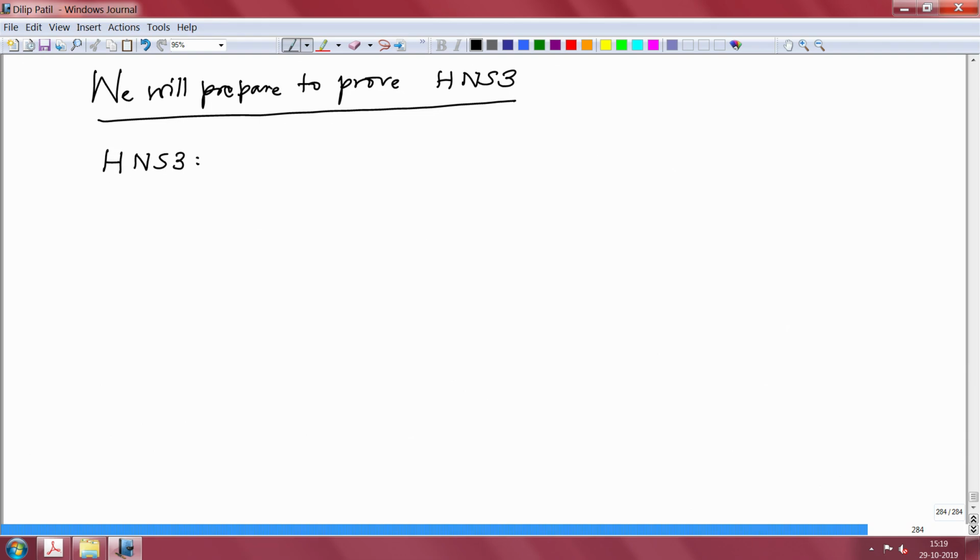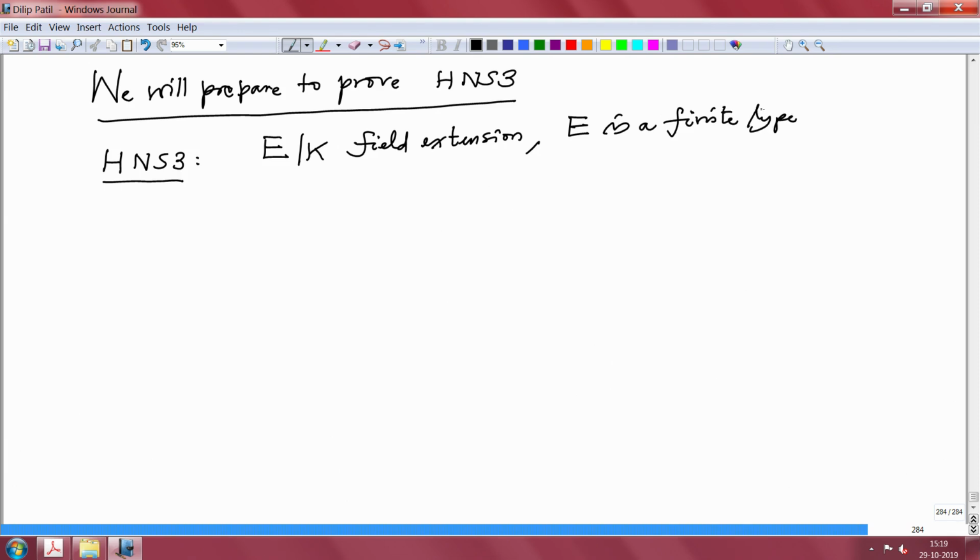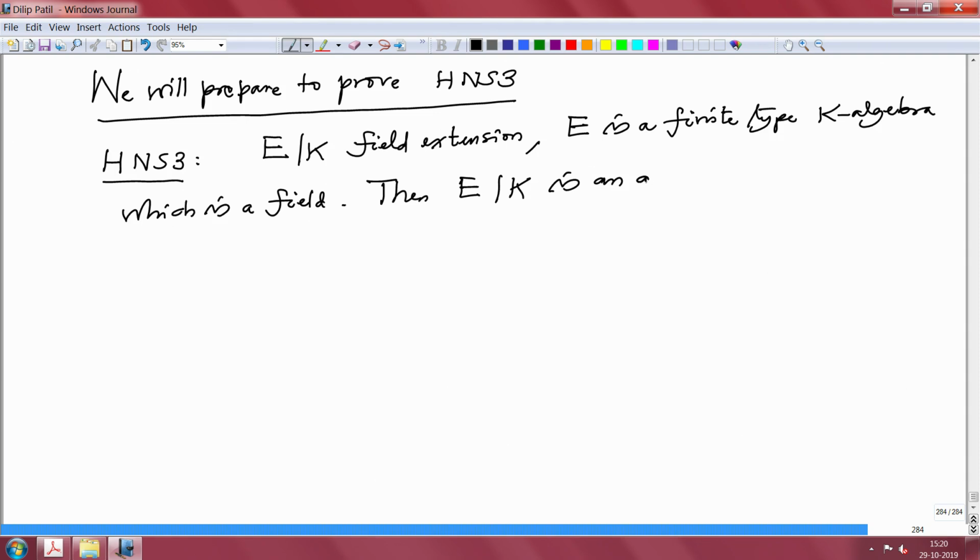So, what we need to prove is, if I have an E over K field extension, and E is a finite type K algebra, which is a field, then we want to prove that E over K is an algebraic extension.